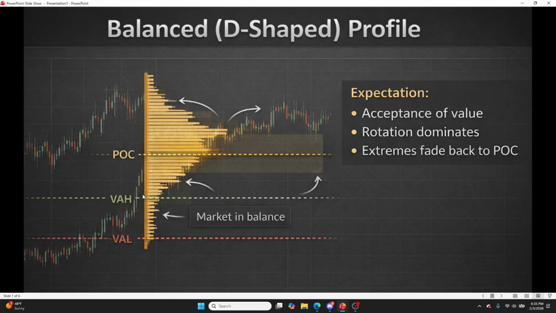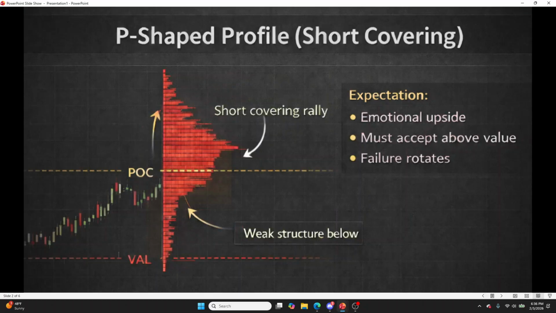That is what the D shape is showing you. It's showing you you're in a balanced market. There's a lot of rotation of volume within that market. You're going to have multiple opportunities to take a safer entry. The expectation is acceptance of value, and rotation dominates this strategy, right? So this is your range strategy when you're in that D-shaped profile, and it really is meant for reversion or stacking your entries up at point of control.